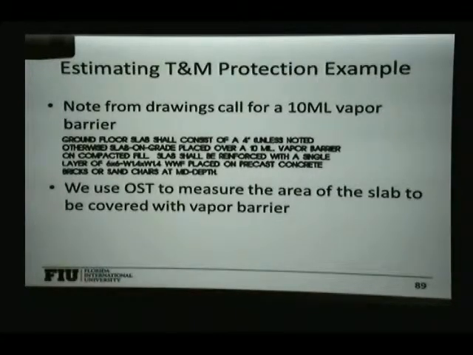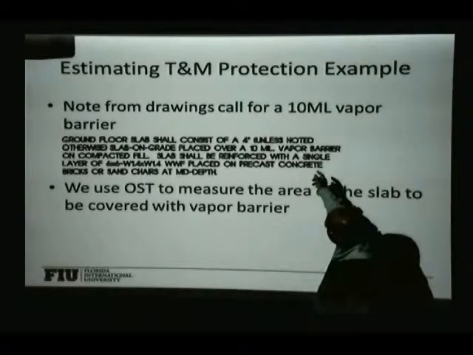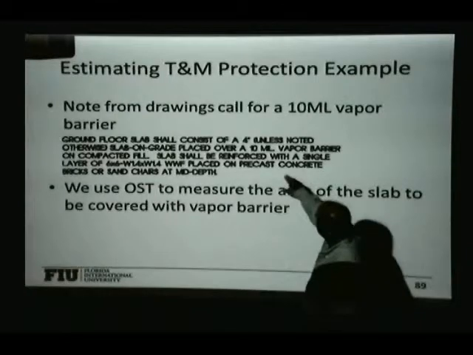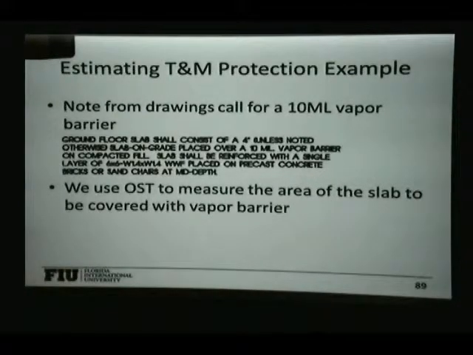Here is an example of a drawing that will bring in a note for vapor barrier. Here it says ground floor slab shall consist of a 4-inch, unless noted otherwise, slab on grade placed over a 10 mil vapor barrier. So then you need to add that vapor barrier to your estimate and look for that measured by area.